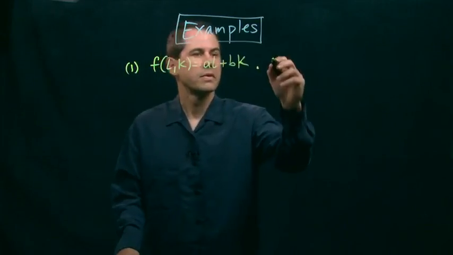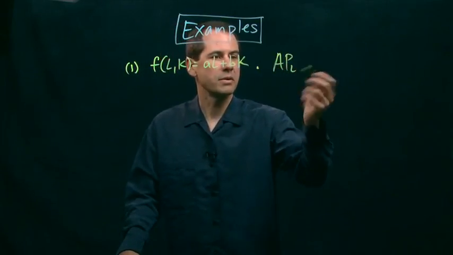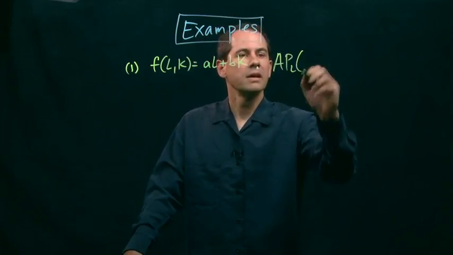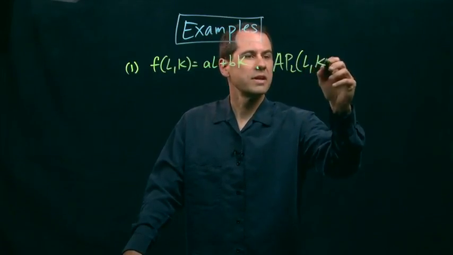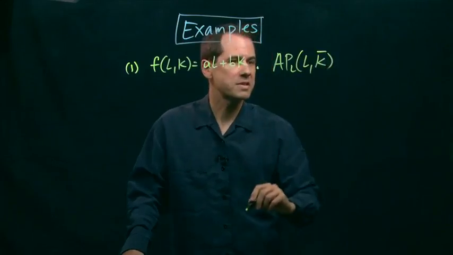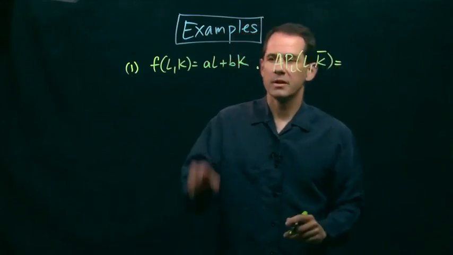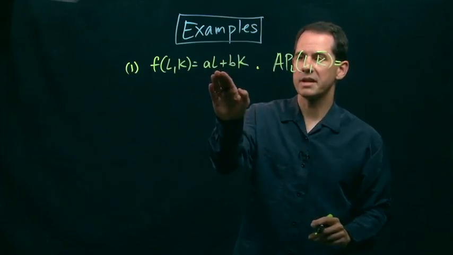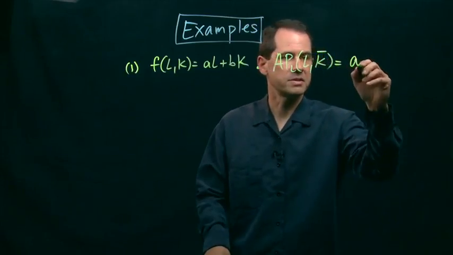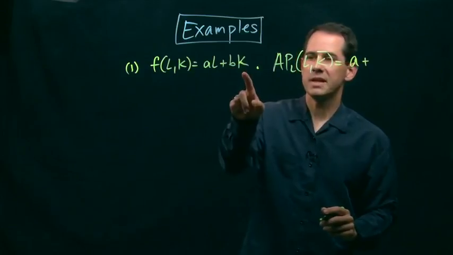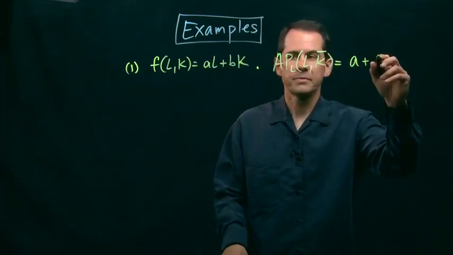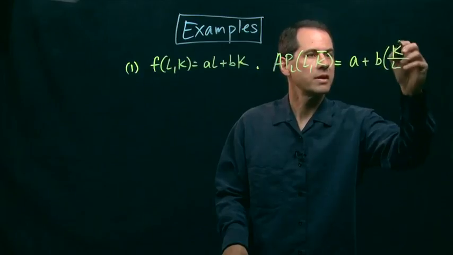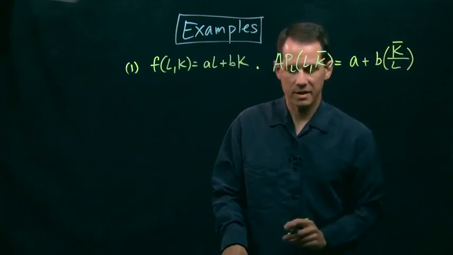Here, the average product of labor, just take that as an example, capital will work the same way, as a function of labor, holding capital fixed at K bar, equals this expression divided by L, so that's AL divided by L, which is A, plus BK divided by L, which is B times K over L, and of course we're holding K fixed at K bar.